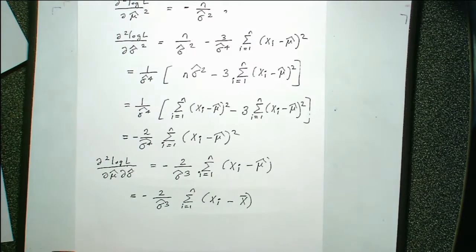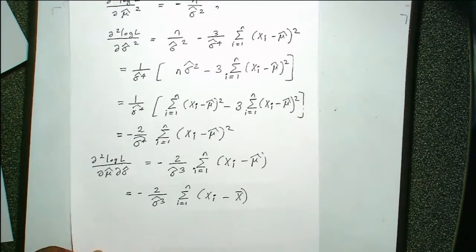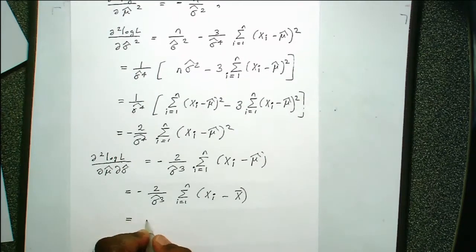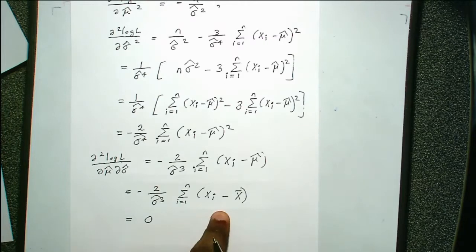It's equal to 0, because remember, the sum of xi minus x bar from i equals 1 to n is 0. It was part of quiz 1. Do you remember doing quiz 1 a long time ago? I think part of quiz 1 was to show that this sum is 0.